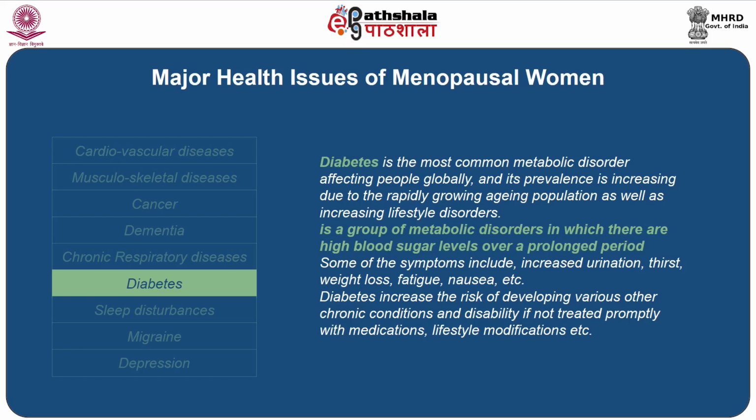It is a group of metabolic disorders in which there are high blood sugar levels over prolonged periods. Some of the symptoms include increased urination, thirst, weight loss, fatigue, nausea, etc. Diabetes increases the risk of developing various other chronic conditions and disability if not treated promptly with medications and lifestyle modifications.